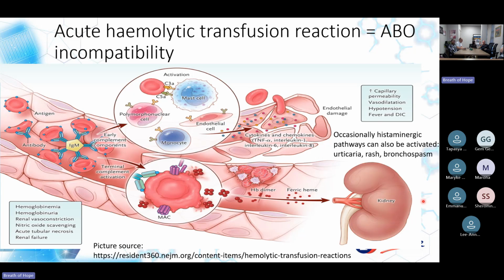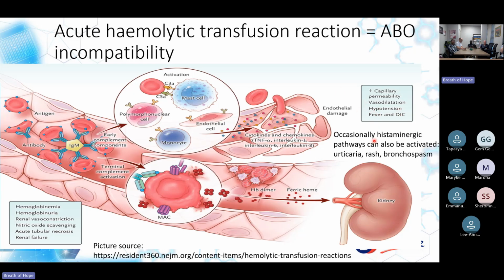These then overwhelm the kidney, which can then cause acute renal failure and acute tubular necrosis. The activated complement also stimulates inflammatory pathways, with stimulation and activation of your immune system cells and the release of cytokines and chemokines, with the result that you get fever, DIC, and vasodilation.